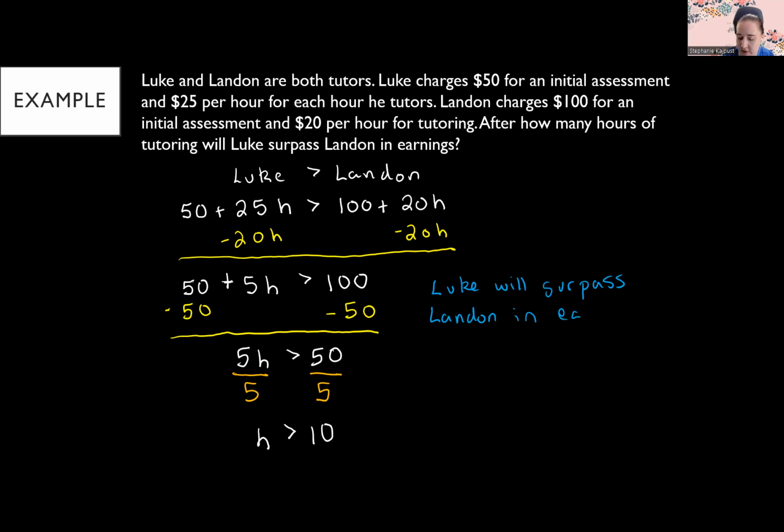And notice that I'm basically restating the question. So it's not at 10 hours. 10 hours is not enough. It's after he's done 10 hours. So that would be like 11 hours. Even 10 and a half hours would work because that's greater than 10. Anything after 10 would work.